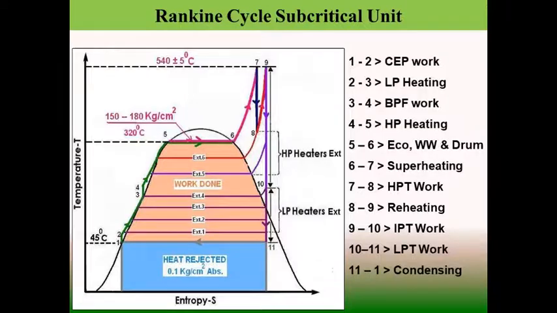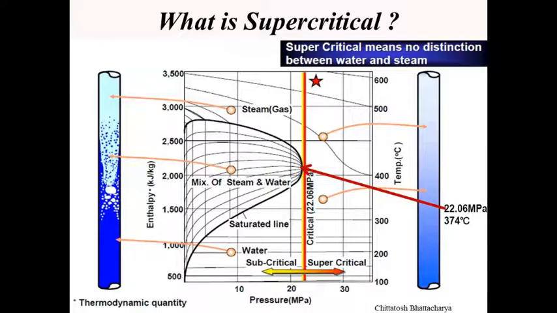So as such, with the increase in pressure, this latent heat addition reduces, and therefore the quicker steam generation is attained. At the same time, there is increased rate of heat transfer.